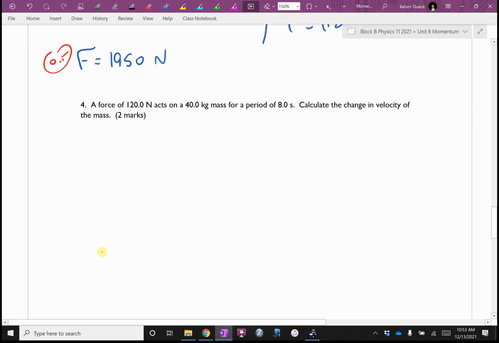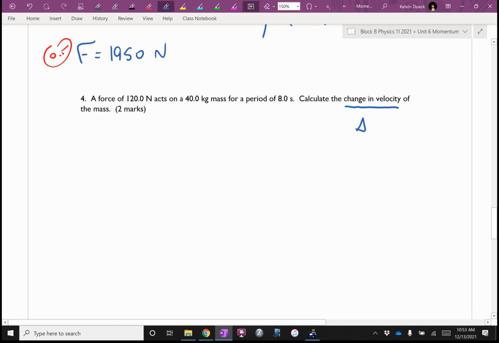Ooh, they want me to find the change in velocity. What's the symbol for change in velocity? What's the symbol for change in? What's the symbol for velocity? You know what? I think I'm going to go like this: F delta T equals M delta V. Okay.